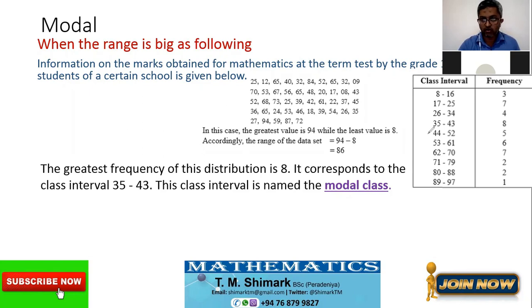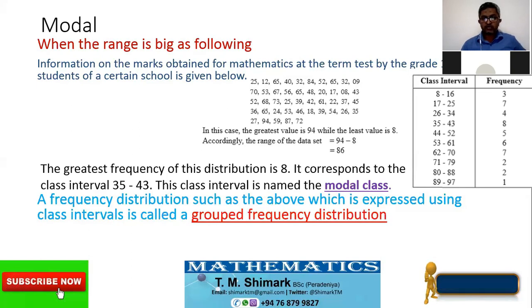So this we call a modal class, M-O-D-A-L, not model. The class interval 35 to 43 is the modal class, since it has the highest frequency. These are just names. This is what we call a grouped frequency distribution.